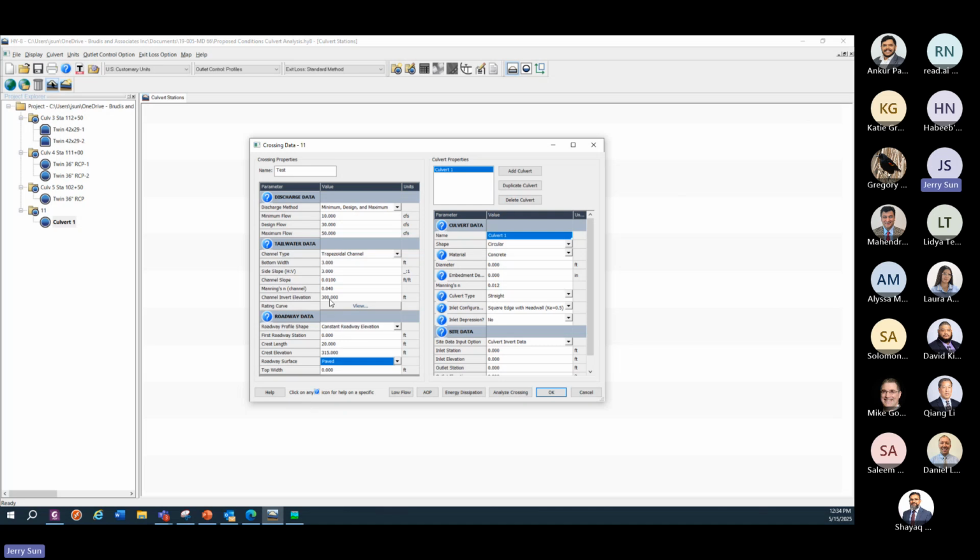Here the inlet is 300, so we have 15 foot above the highway. For the paved top, this is too small, maybe 50. Then the top width, for example two-lane roadways, is 24.